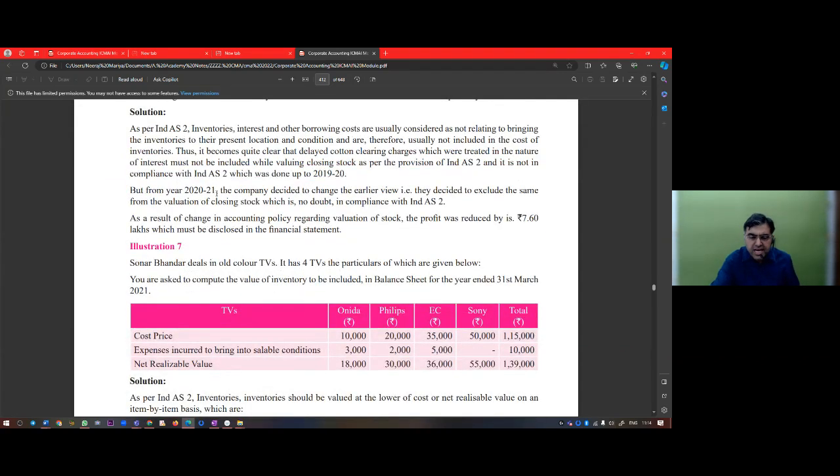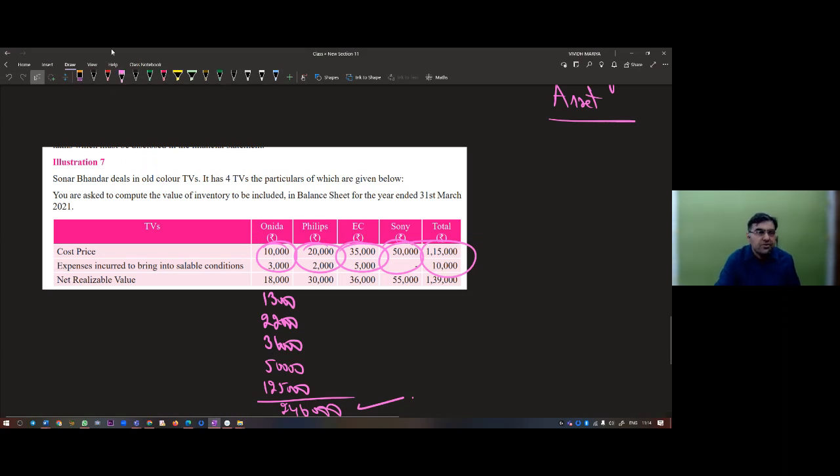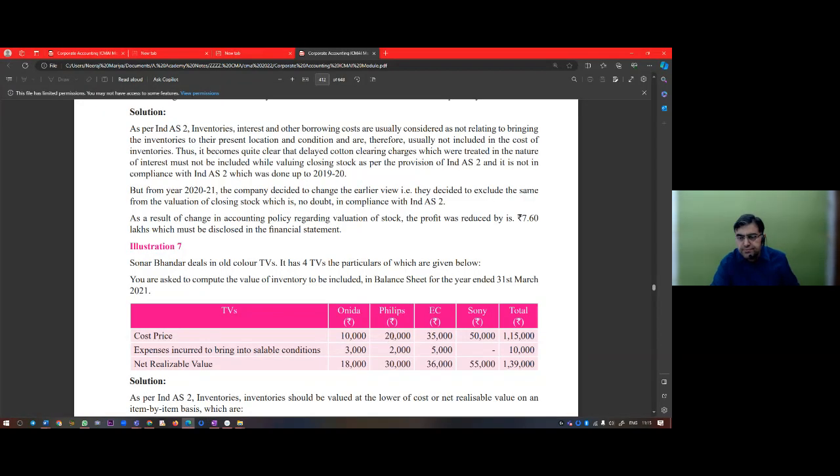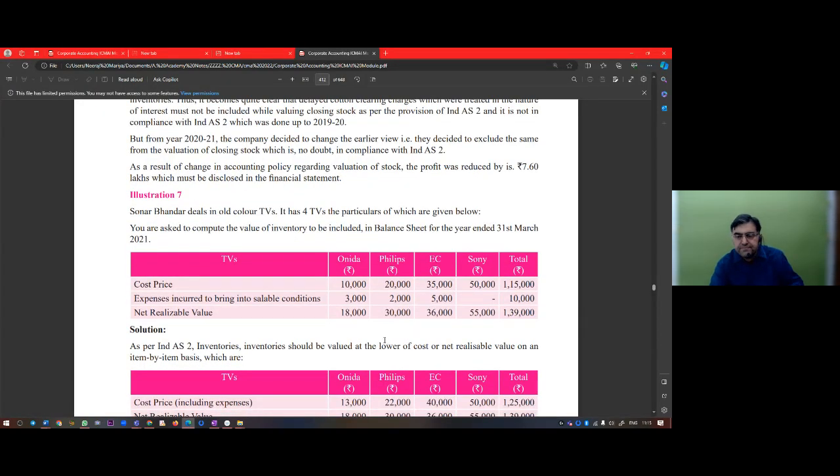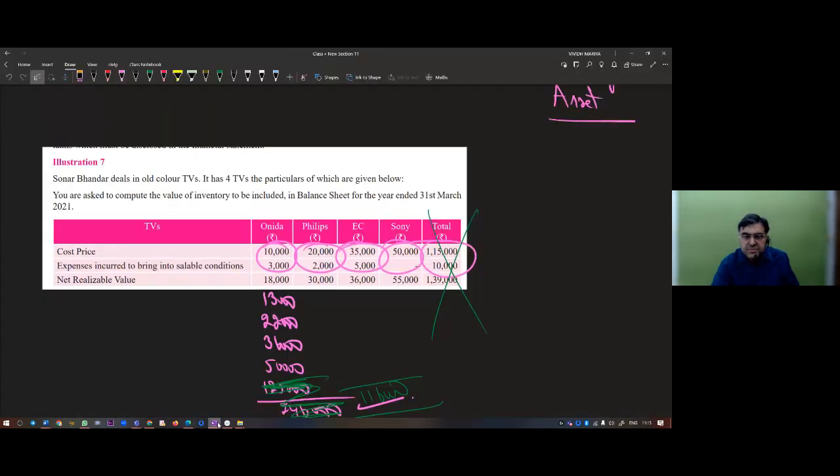Concept is not wrong. This is not the item, this is the total. So the answer is 1,16,000. Or is it 1,21,000? Okay, totaling.